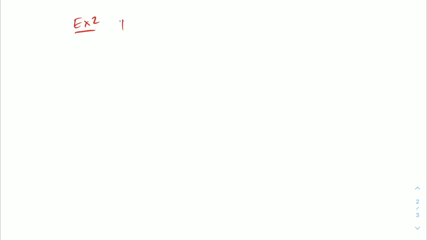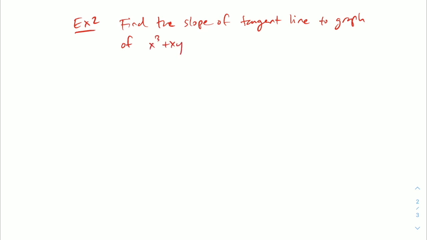So let's find the slope of the tangent line to the graph of x cubed plus xy plus 4 equals 0 at the point (2, -6).